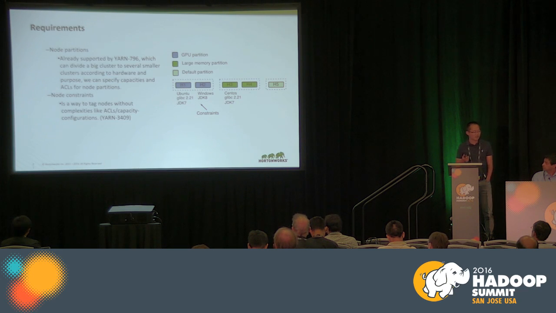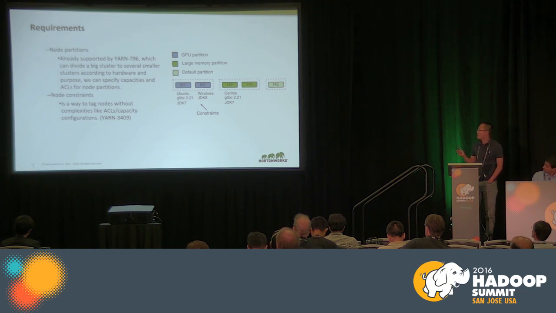Differently, node constraint is a way to tag the nodes without complexities like ACLs and capacity configurations. For example, host 1 has a tag of Ubuntu, and it has glibc 2.21 and JDK7, and some other nodes have different tags. This one is not implemented yet, and is tracked by YARN-3409.